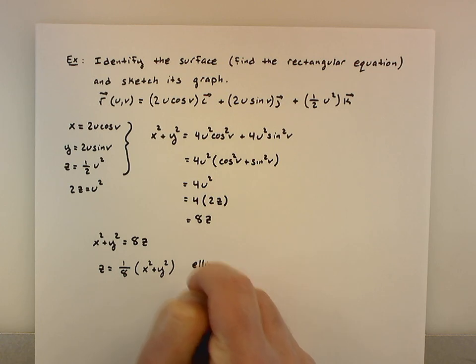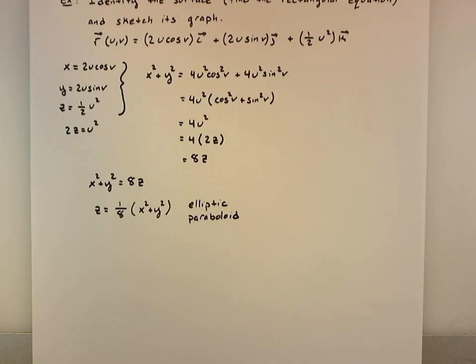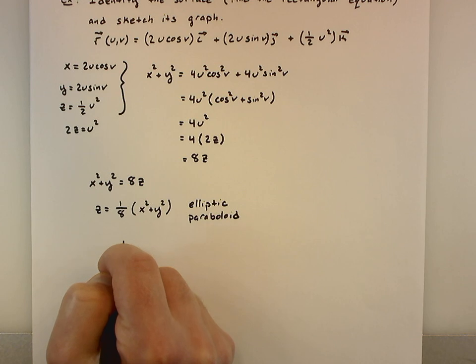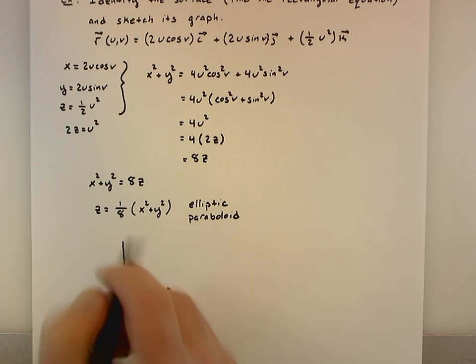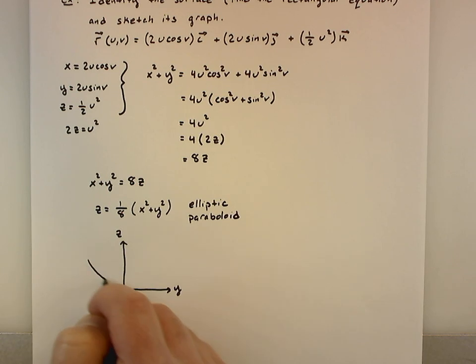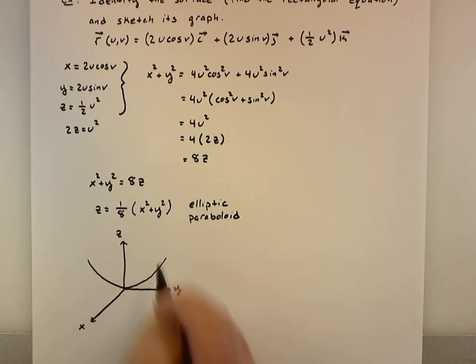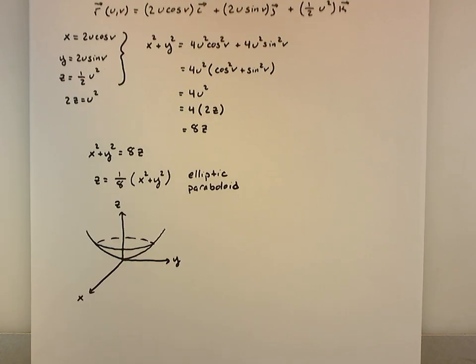This is an elliptic paraboloid. So the graph, if that's x, that's y, this is z, that 1/8 will make this graph wider. So there's the elliptic paraboloid.